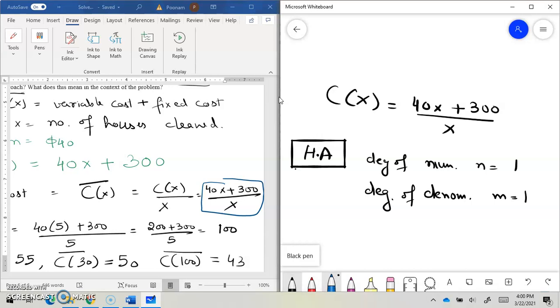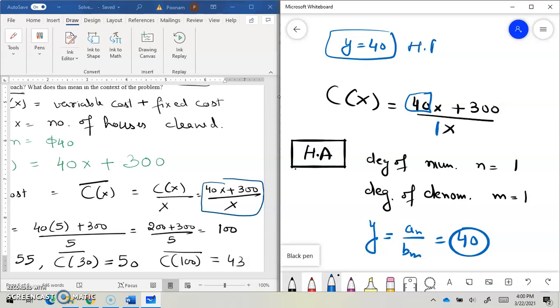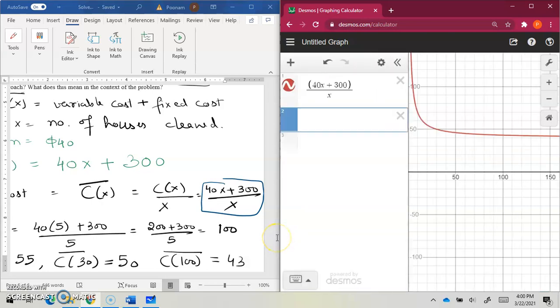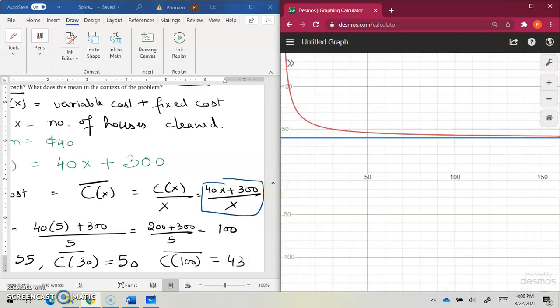That means the horizontal asymptote is y equals a_n over b_m. a_n is 40, b_m is 1. So that is equal to 40. So y equals 40 is your horizontal asymptote. Let's draw it on our Desmos too. So we have y equals 40. So you see how that is your horizontal asymptote.